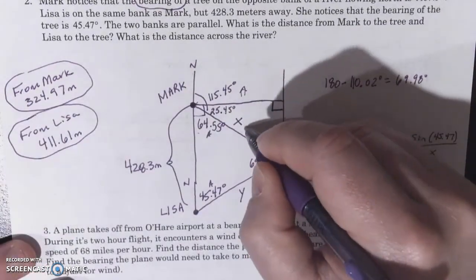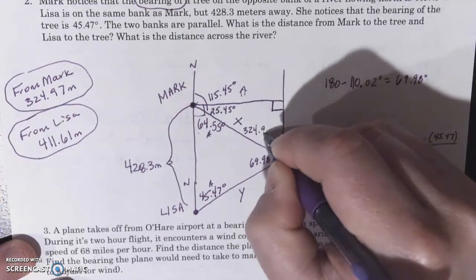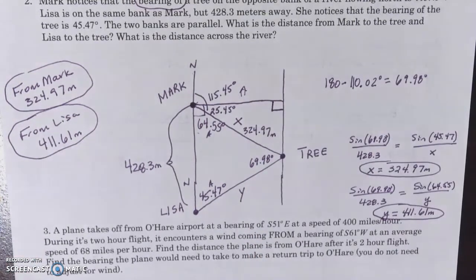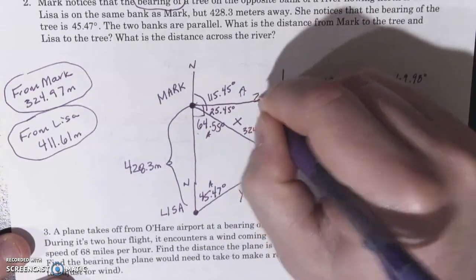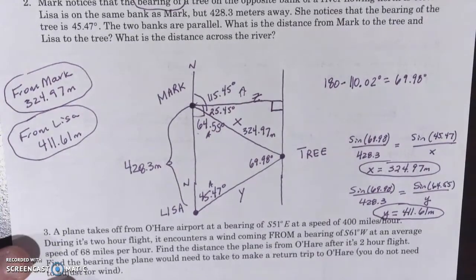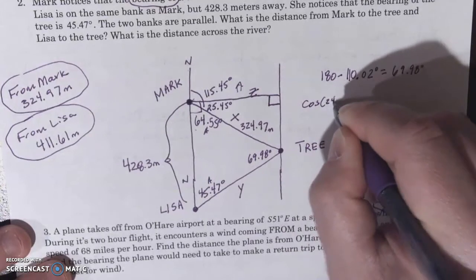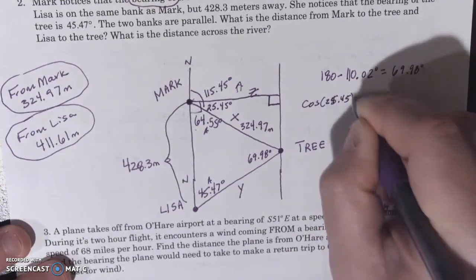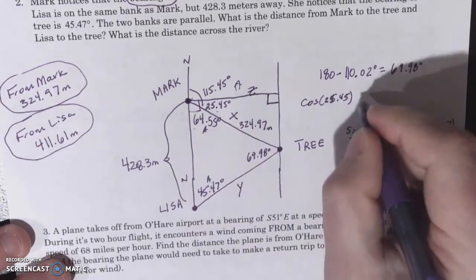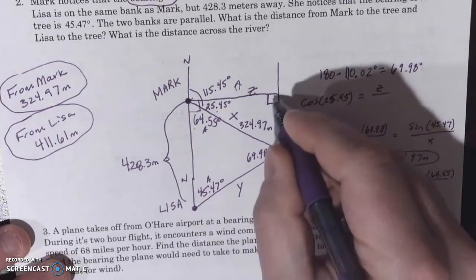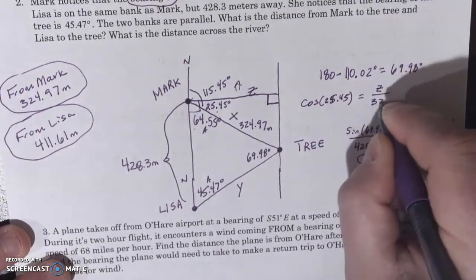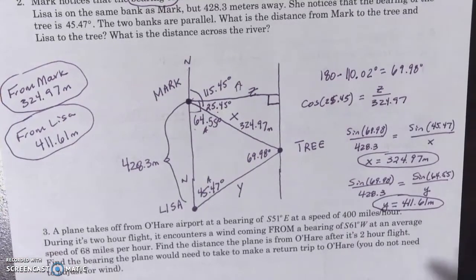And we know that x was 324.97 meters. Now we could use SOHCAHTOA. If we're looking for this length here, we'll call this z. Then cosine of 25.45. Cosine of this angle would be adjacent, which is z, over the hypotenuse of that right triangle, 324.97.